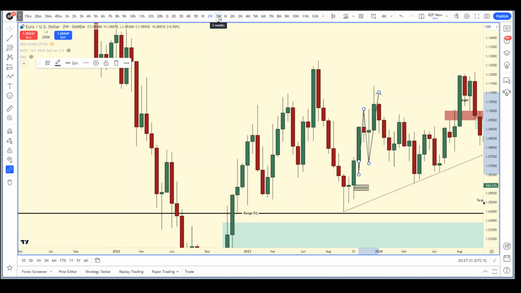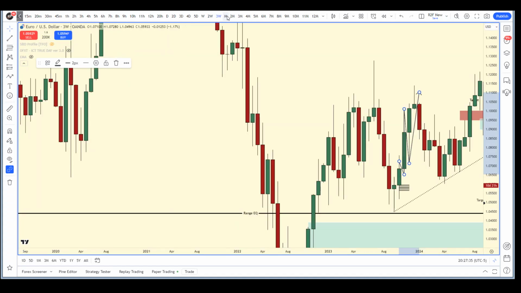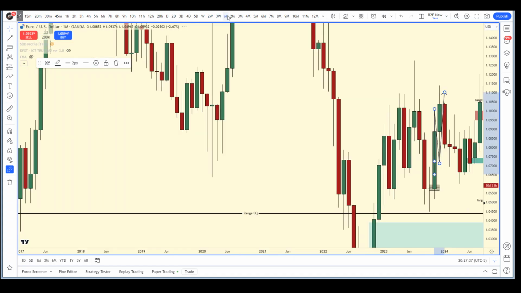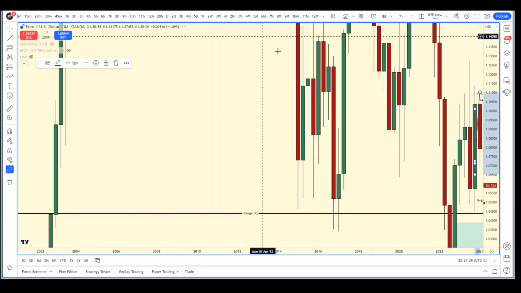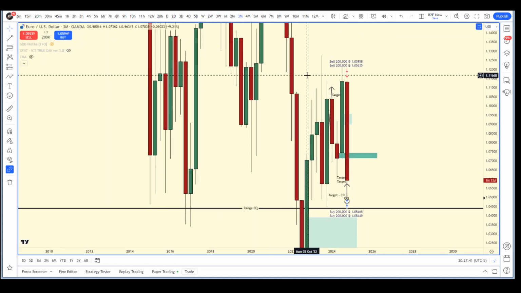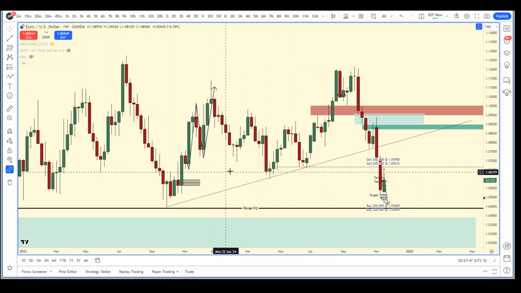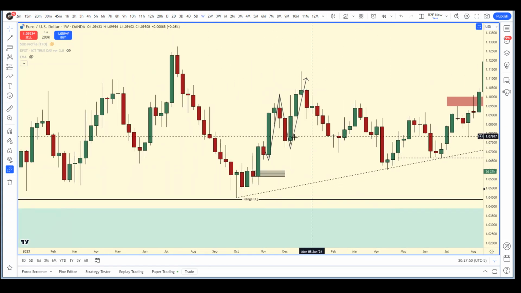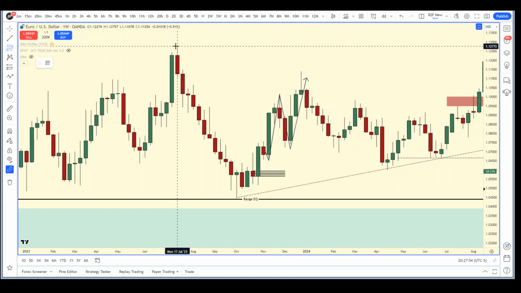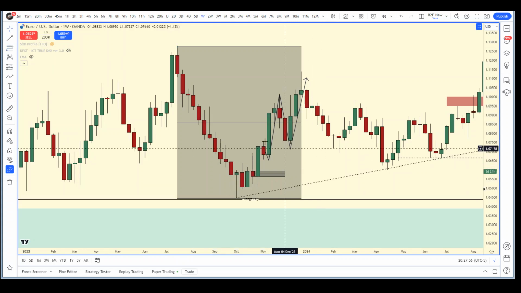Two-week, 3-week, 4-week, 5-week. Okay, not too much on there actually, but in this case, no PD arrays here. Don't forget that going back to a premium is one of the targets. So first target can be here.